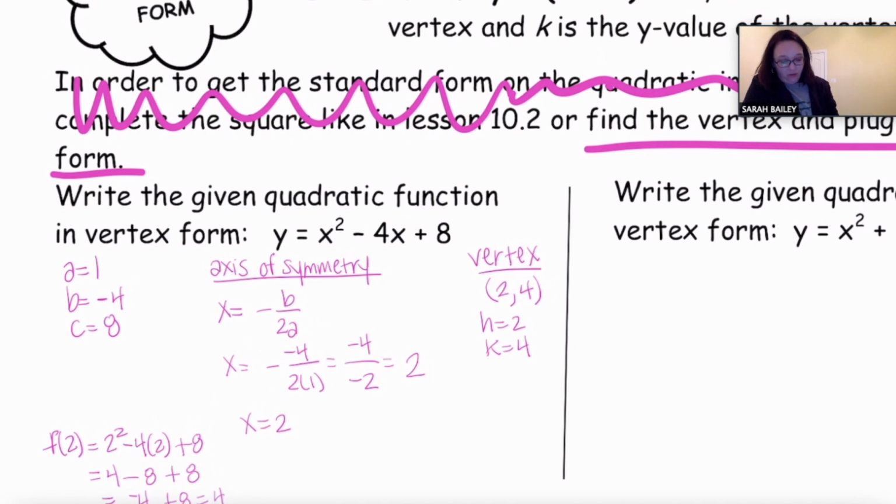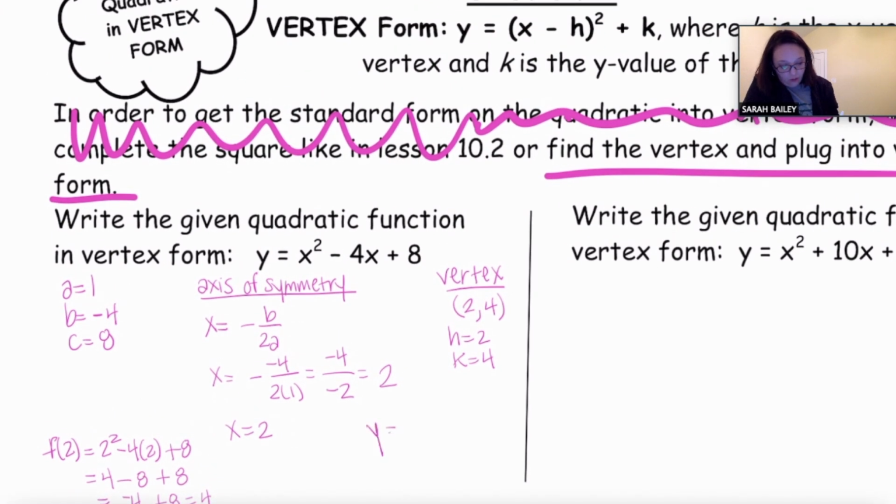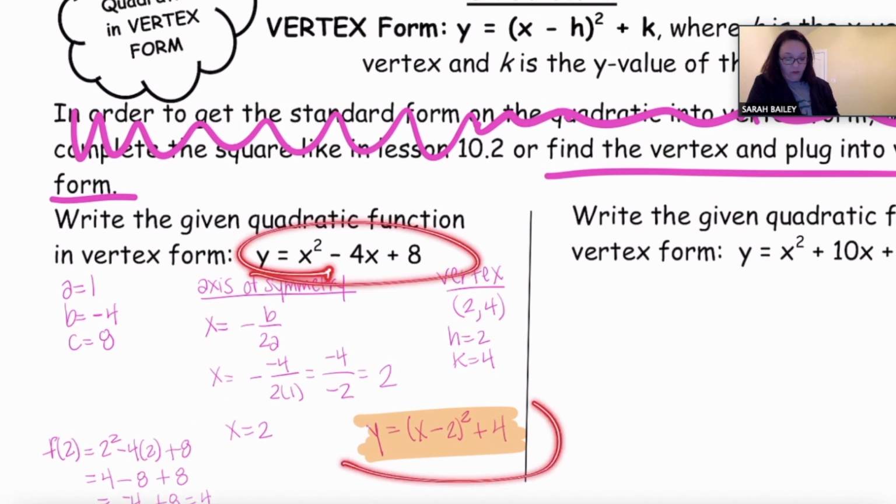So now the formula is going to be y equals, and I'm looking right here, y equals, parentheses, x minus h, so x minus 2 squared, plus k, which in this case is 4. So this is the equation. So we took this in standard form and converted it to vertex form.